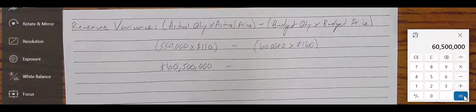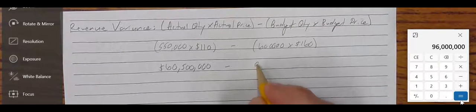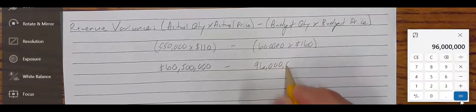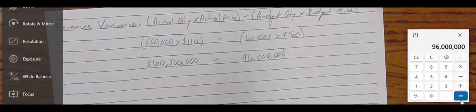Then our budgeted quantity of 600,000 multiplied by a budgeted sales price of $160 comes to $96 million.